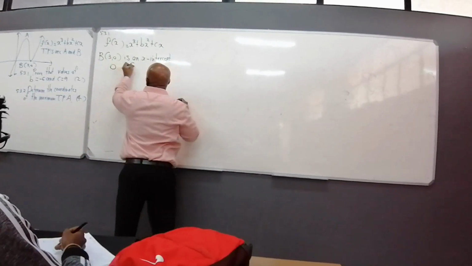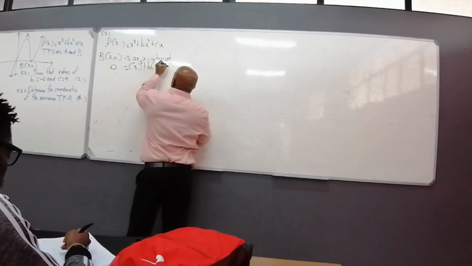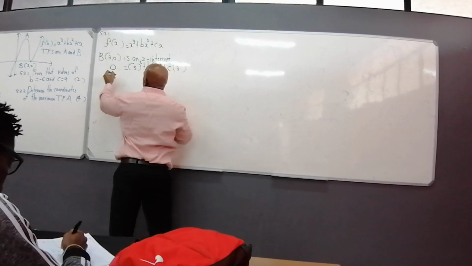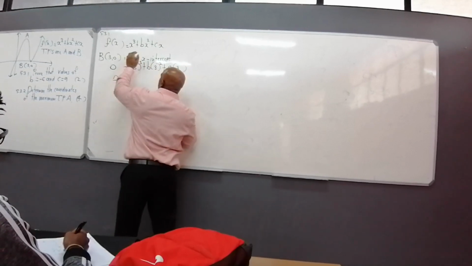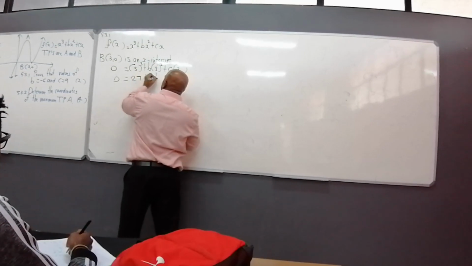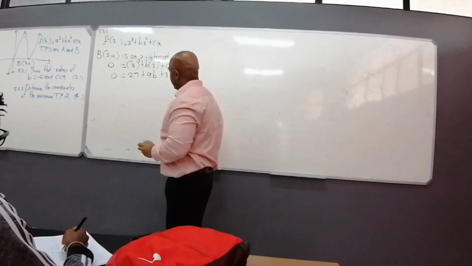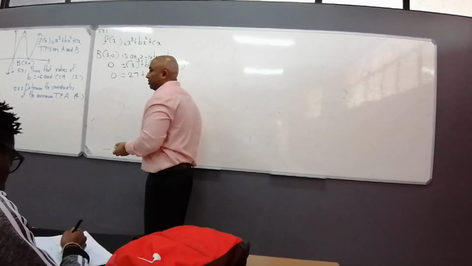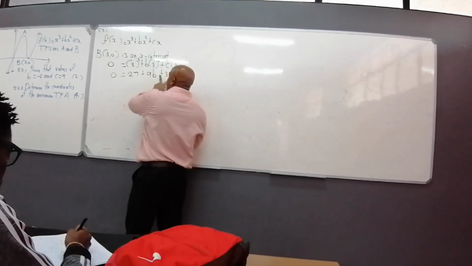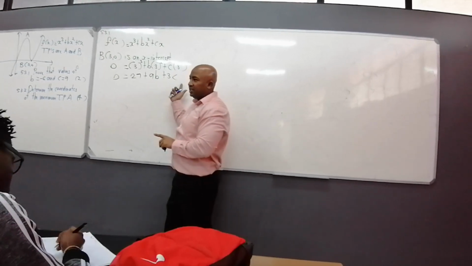So that's going to be 3 cubed plus b times 3 squared plus c times 3. So 0 is equal to 3 cubed, which is 27, 3 squared, that will be 9b, and that will be 3c.